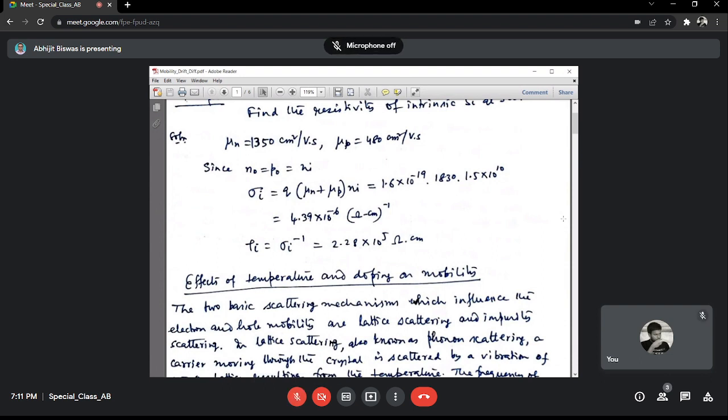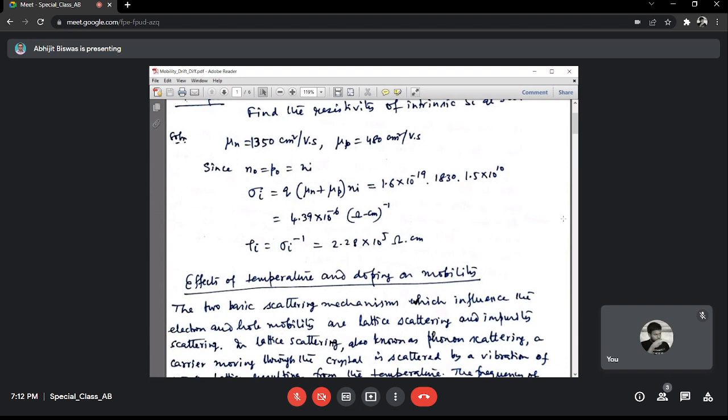And you know that apart from this drift motion of carriers inside the semiconductor, there is also diffusion of carriers. Diffusion means when these charge carriers move from a region of higher concentration to a region of lower concentration. That means whenever there is a concentration gradient, carriers move from a region of higher concentration to a region of lower concentration.